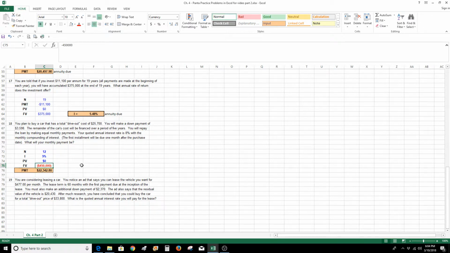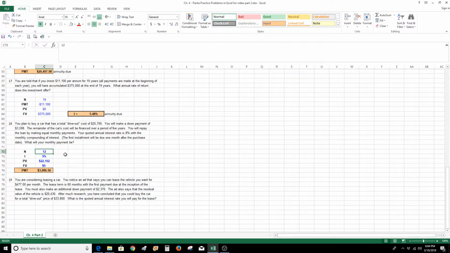But the down payment is $35.98. So you're going to take the $25,700 less $35.98 because that's your down payment. You only want to show the present value of $22,102 because that is what you're going to finance over the remainder of the period.